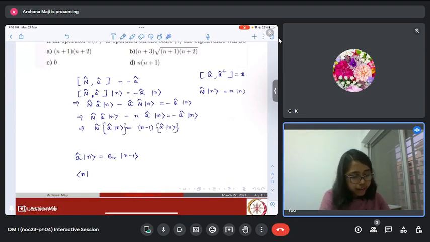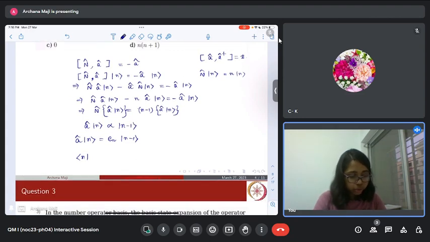So we can see that the A operator acting on the n particle state is also an eigenstate of the number operator with eigenvalue n minus 1. So this state must be proportional to n minus 1, and we don't know the proportionality constant yet, which we write as En.